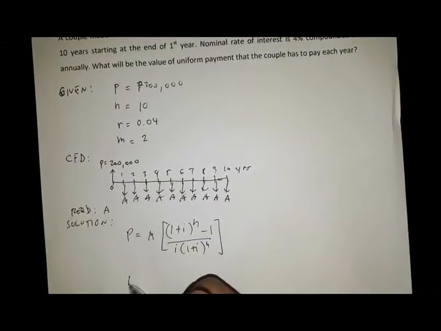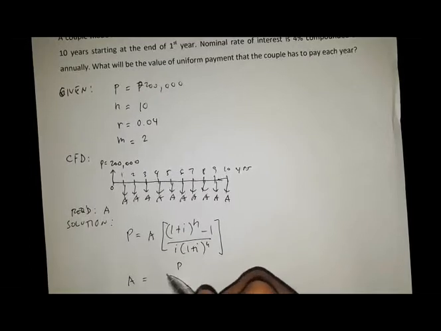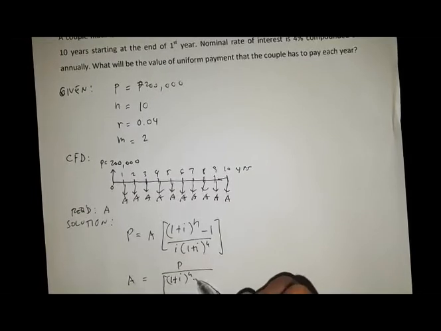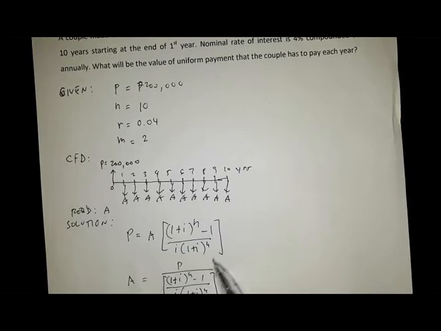To solve for A, we write the equation as P over the quantity of (1 plus i) raised to n minus 1 over i times (1 plus i) raised to n. Now we have n, we have P, but we don't have the value of i.